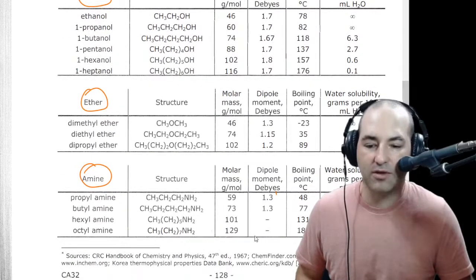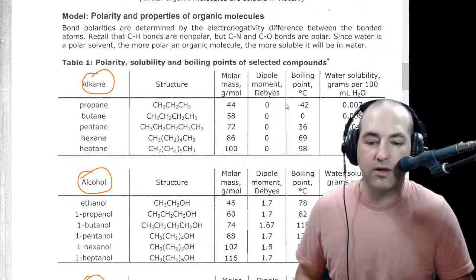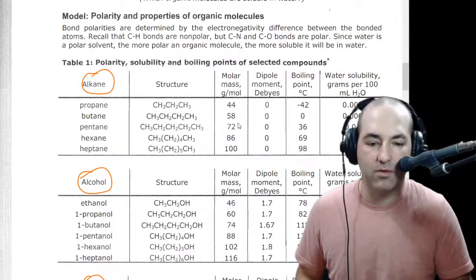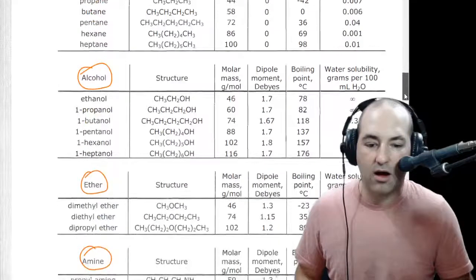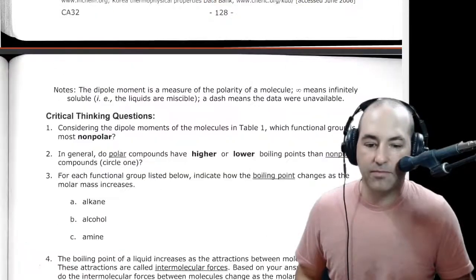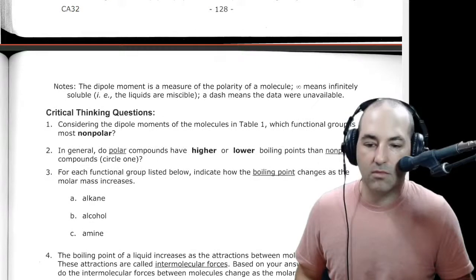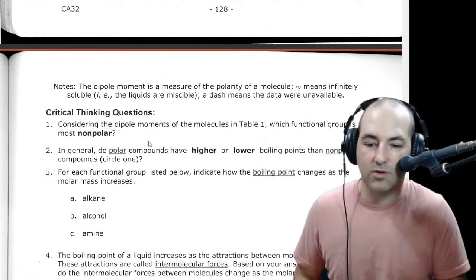These dashes here, I believe, mean that it's not known or something like that. But the smallest ones here are those with the 0 dipole moment. So the functional group that's most nonpolar is alkanes.